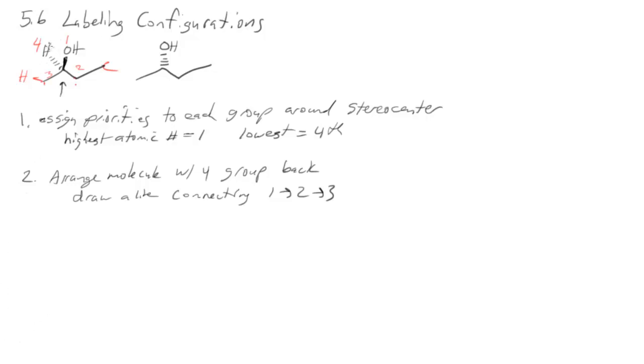So my 4 group is back. Here's 1 to 2 to 3. That's my line. If it's clockwise, we call that molecule R, which stands for rectus. If it's counterclockwise, the configuration of that molecule is S, for sinister.